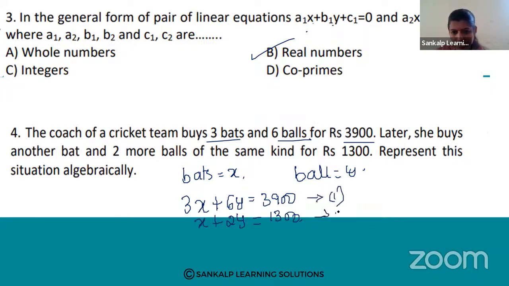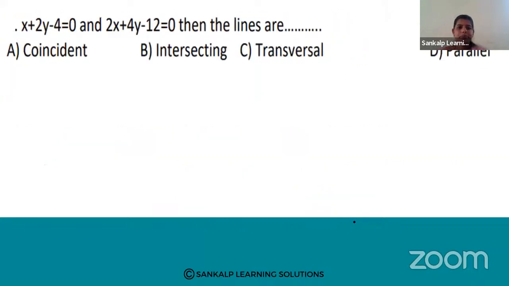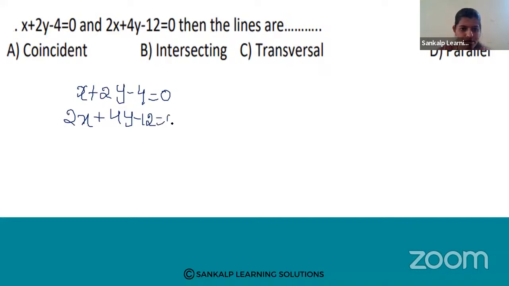Understood? Next. x plus 2y minus 4 equal to 0, and 2x plus 4y minus 12 equal to 0.